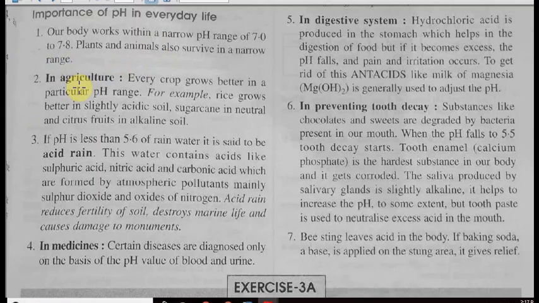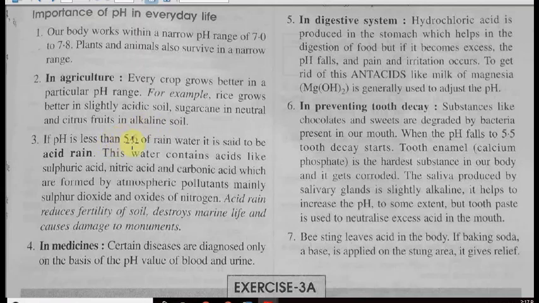For example, rice grows better in acidic soil, sugarcane in neutral, and citrus fruit grows better in alkaline soil. So before planting a crop, we can test the soil's pH value, and according to that we plant our crop.